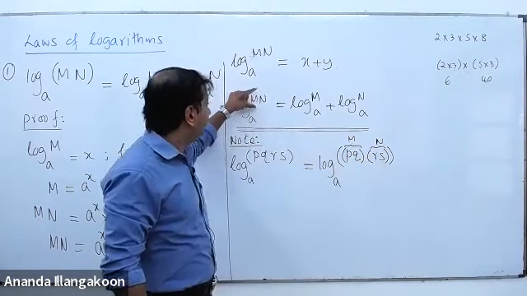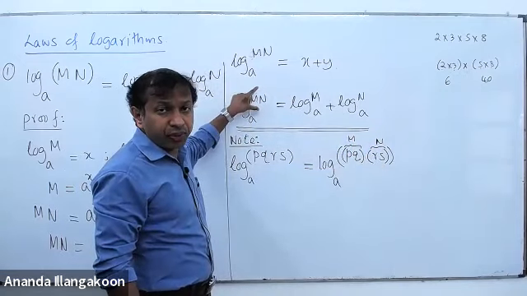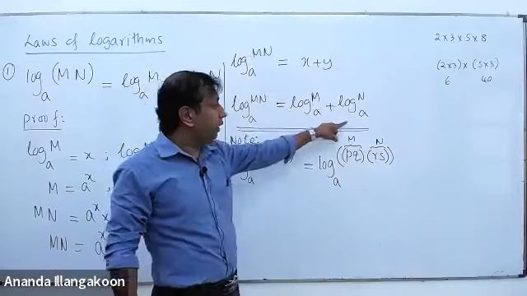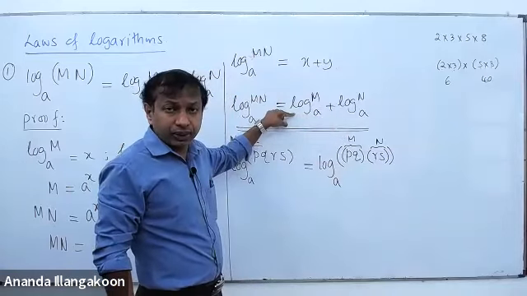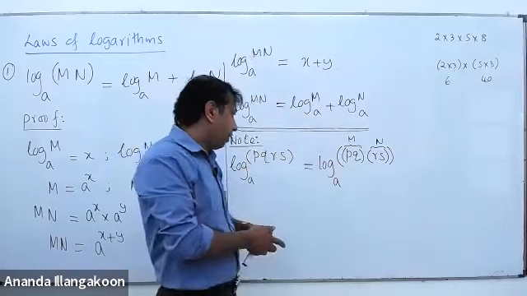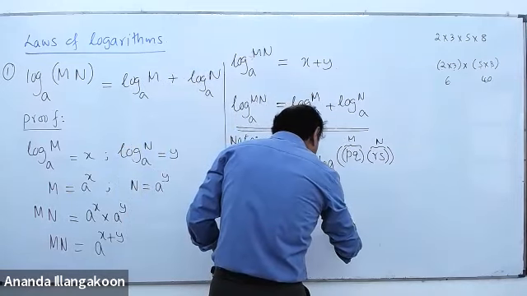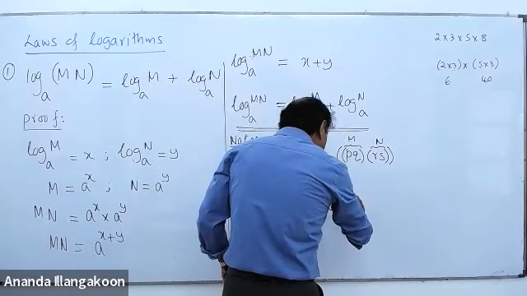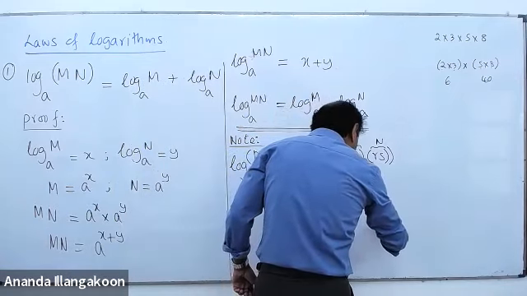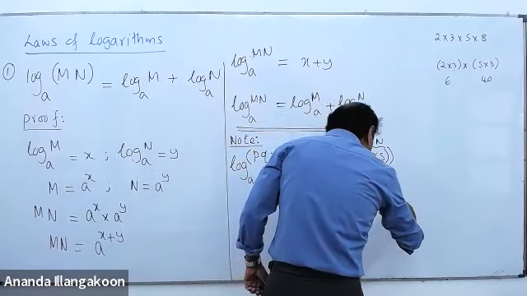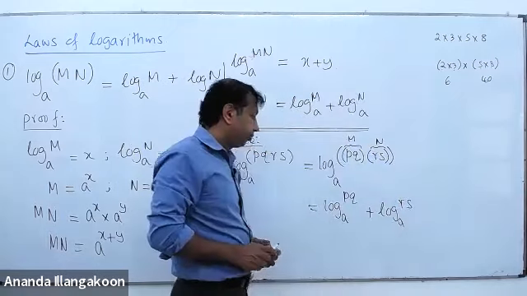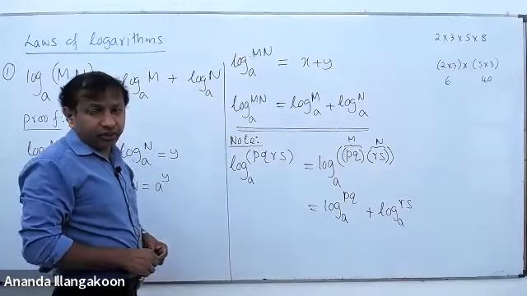Understood? Then I can write this one this way: log A PQ here plus log A RS here. I think you can understand that clearly.